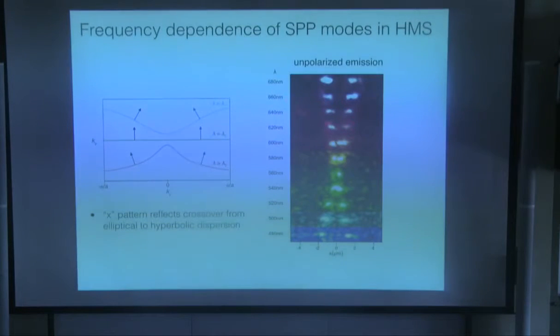And then, if we just focus on what's coming out of the outcoupling, if we change the wavelength of our excitation, what we observe in the outcoupling is this X pattern. What this reflects, in a different way from the refraction, but it is reflecting the same thing, is this crossover from elliptical to hyperbolic dispersion.